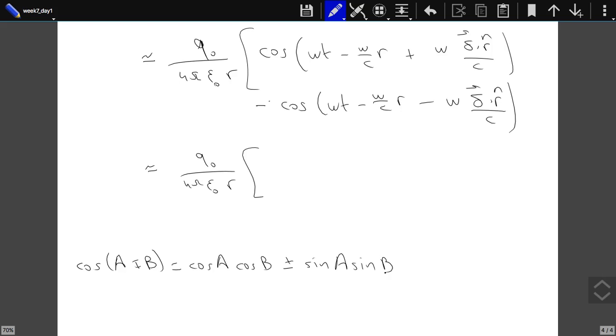I'm talking about the same angles over there. So when I take the differences of those two terms, the cosines will cancel and I will end up having the sines only, with a minus sign, sine of (omega t minus omega over c R) times sine of (omega delta dot R hat over c), times 2.